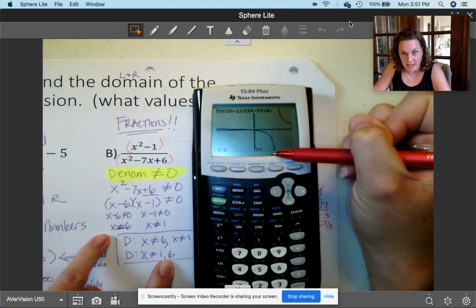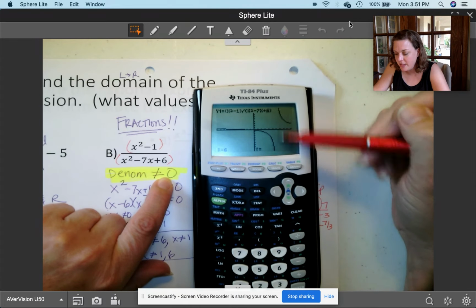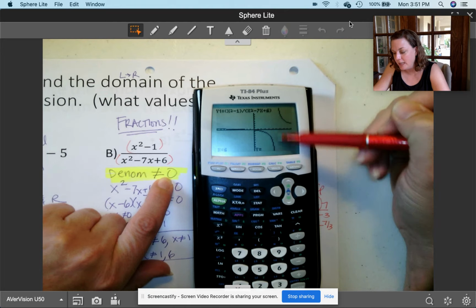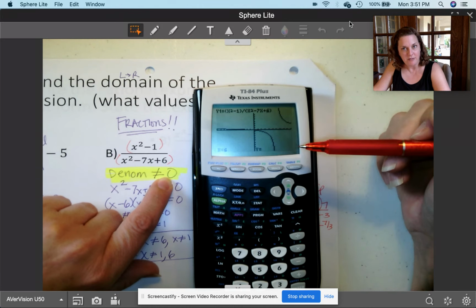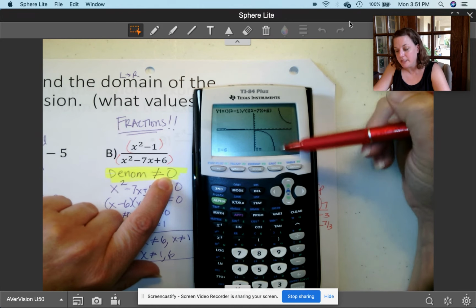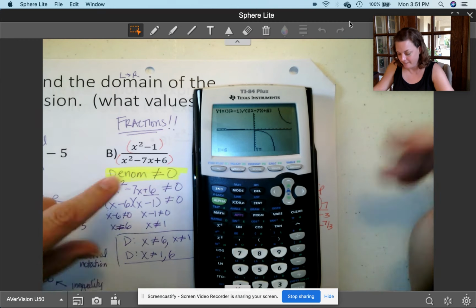Why is nothing? Really, it's undefined, because the 0 is under. There's nothing there, and every time you have something undefined, it creates this undefined space. Sometimes it looks like this, it's called an asymptote.